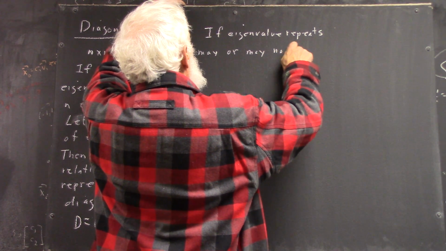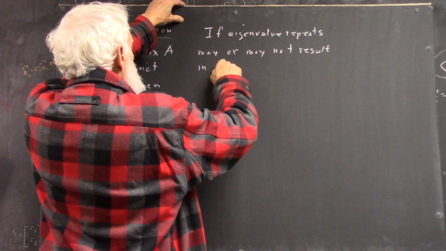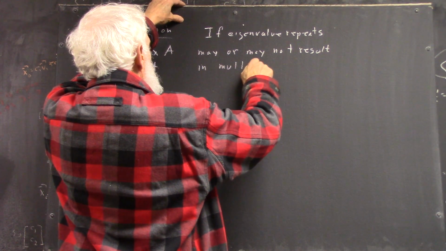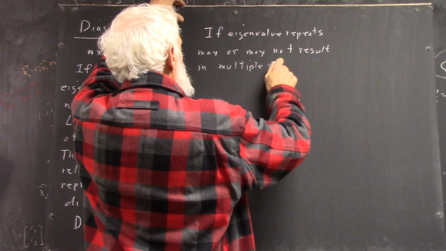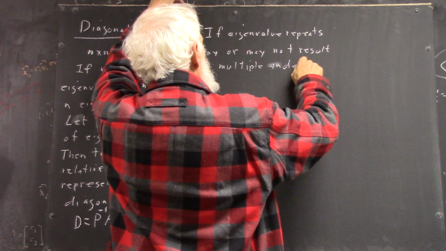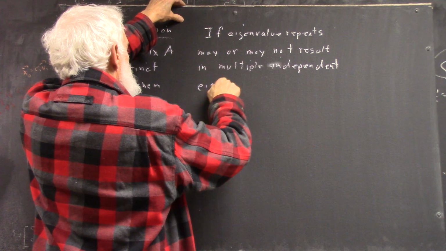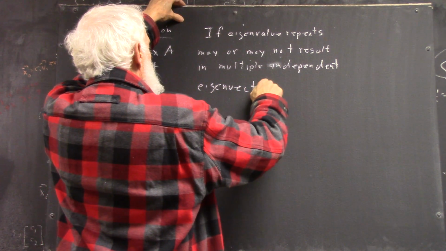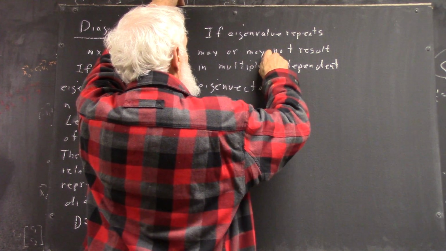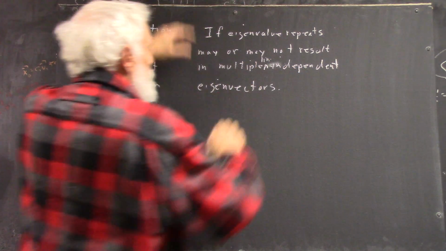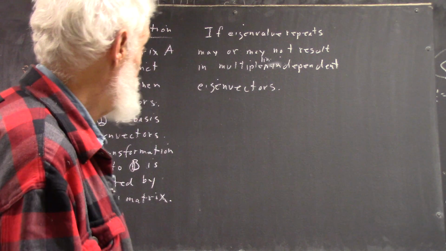So this may or may not result in multiple independent eigenvectors, okay? And I'll put the word linearly, because independent in this context implicitly means linearly independent, but let's be explicit, okay?